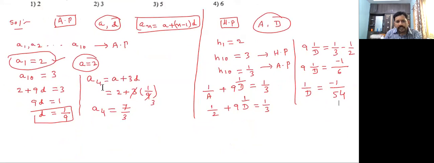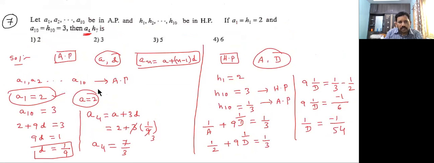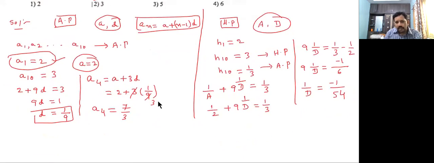Now we need to find what? H7. H7 is equal to 1 by A plus (7 minus 1), 6, into 1 by D. 1 by A means that is 1 by 2 plus 6 into minus 1 by 54. 6 nines are 54.